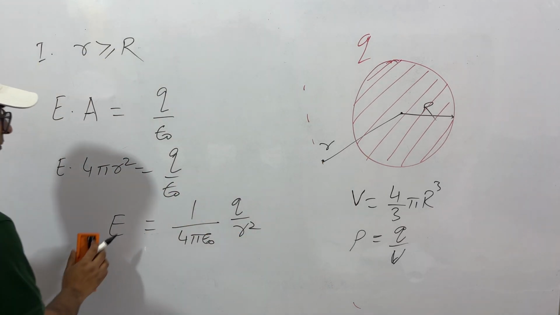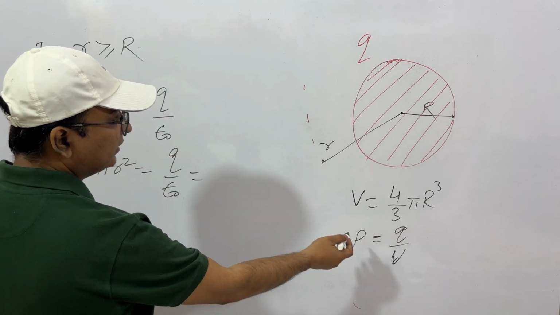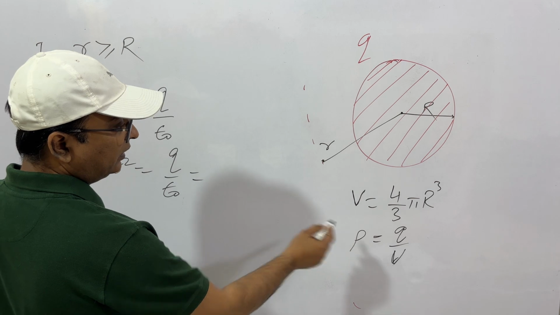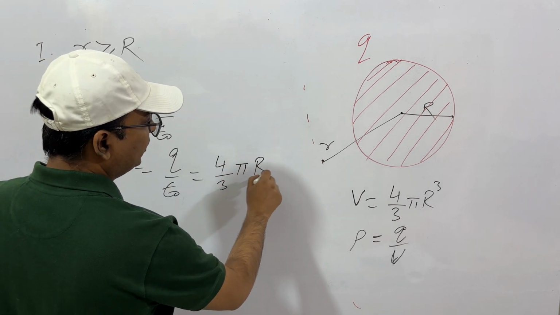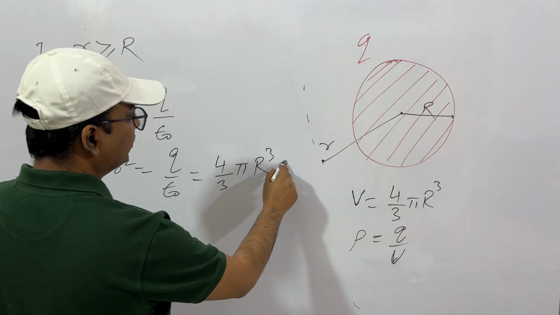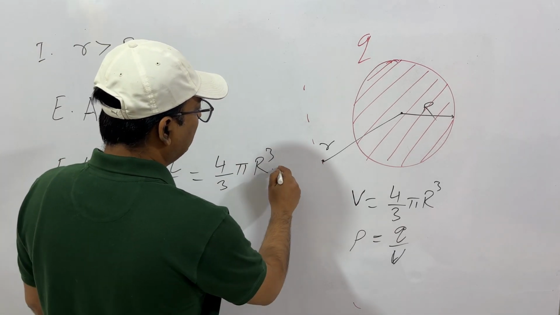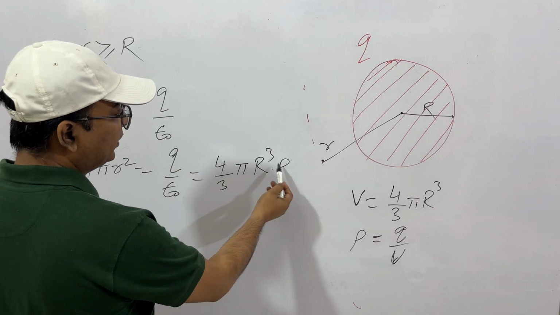You can have many different formulations. If you put the value of q here, q is basically rho into V. Okay. So this is 4 by 3 pi R cube, into rho, if we are given the volume charge density. So 4 by 3 pi R cube rho.